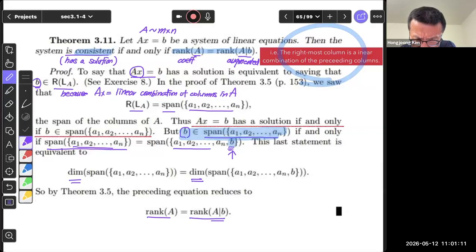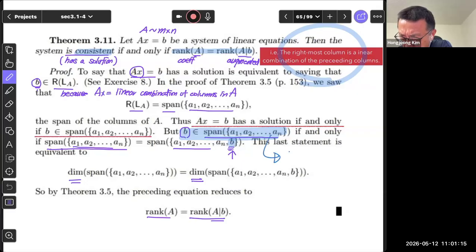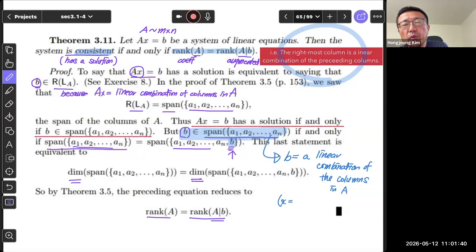So B is a linear combination, as I said above, of the columns in A. And as I said, the solution X will denote the weights used in this linear combination, right?